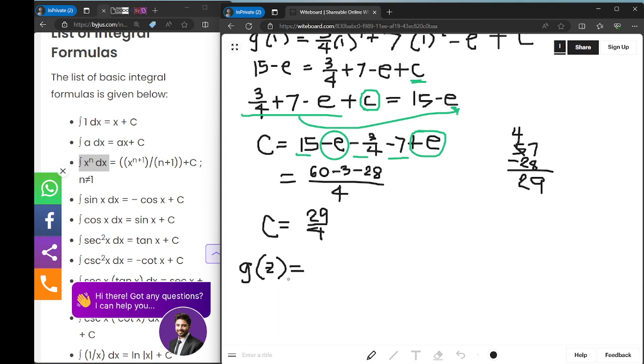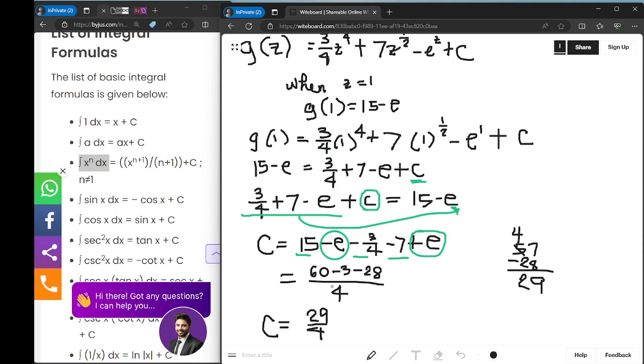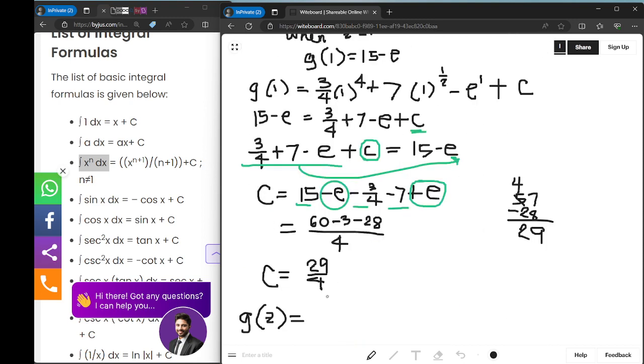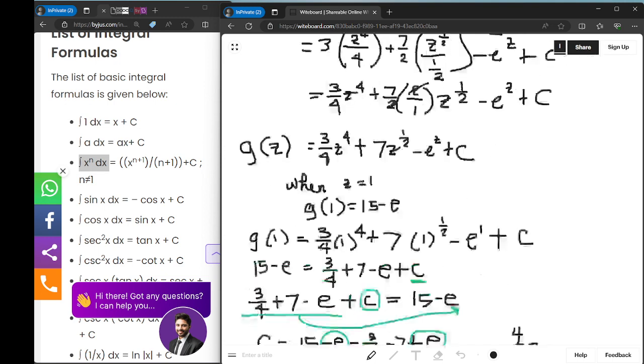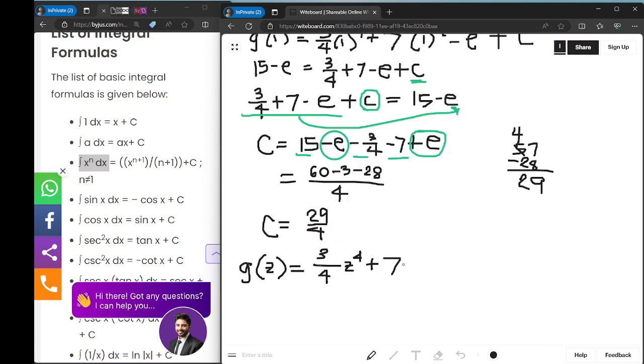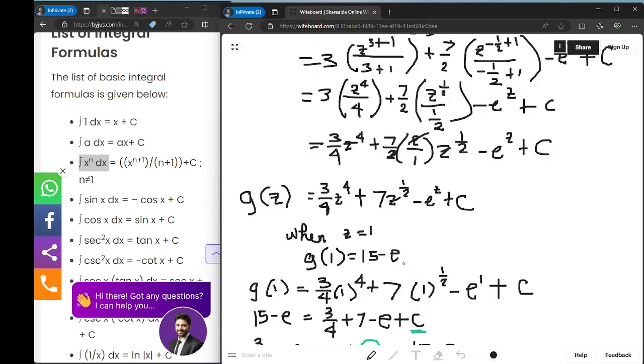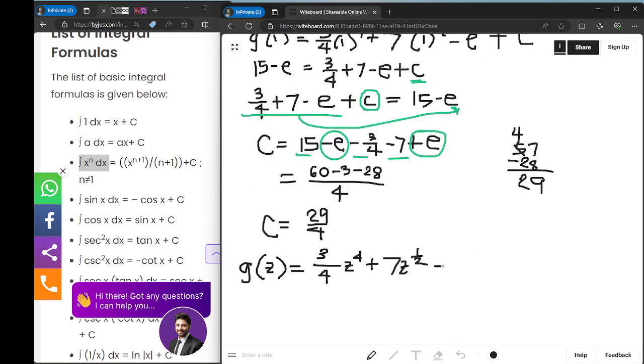But we have here g of z is equal to 3 over 4 z to the fourth plus 7 z to the 1/2, then minus e to the z. And we now have the value of c. Our c is equal to 29 over 4. I hope this is right.